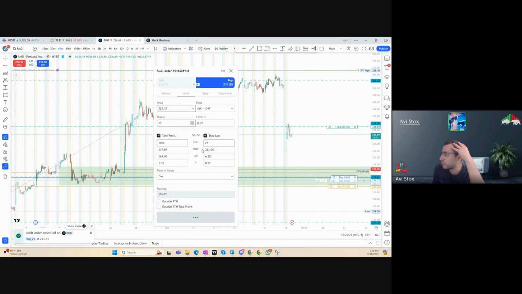Take profit, stop loss. So my stop loss will be to 166, and my take profits will be 252. Modify.